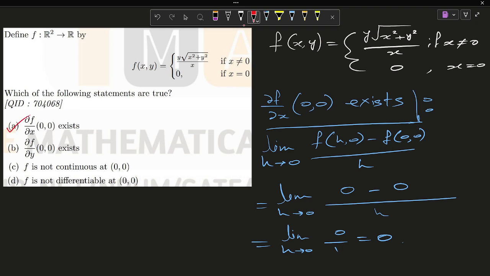Now I am going to check option B, that del f del y at (0, 0) exists.